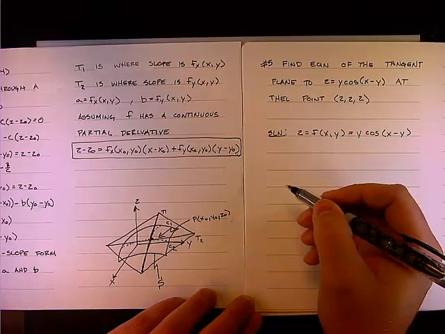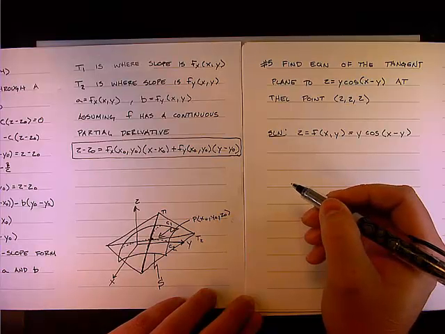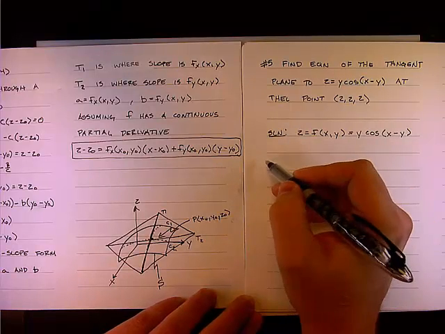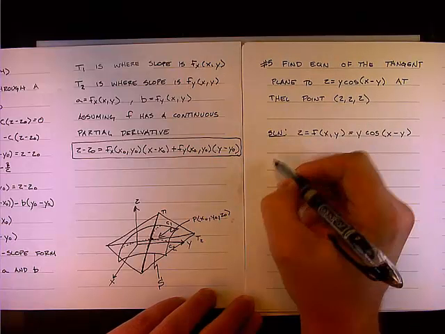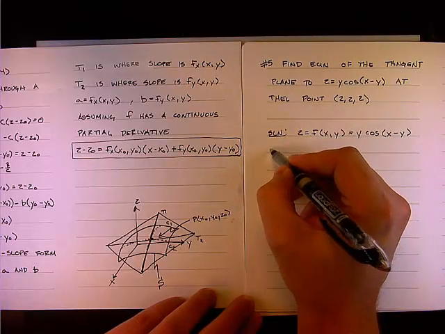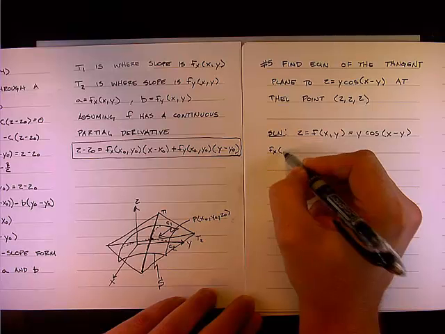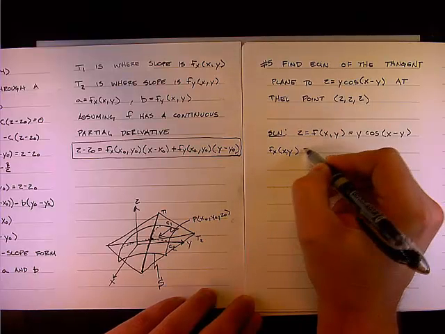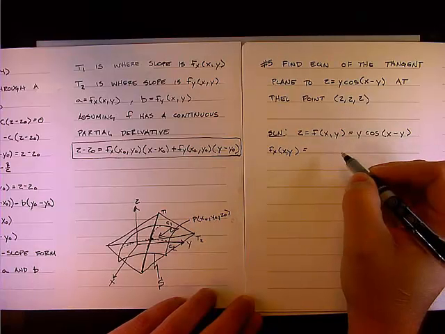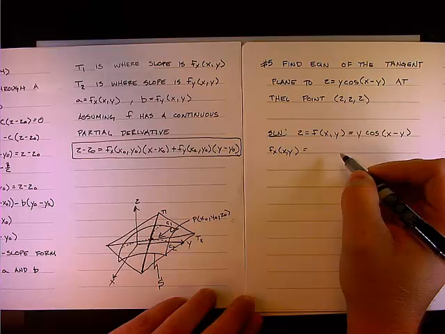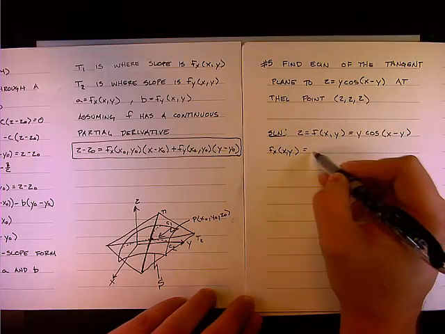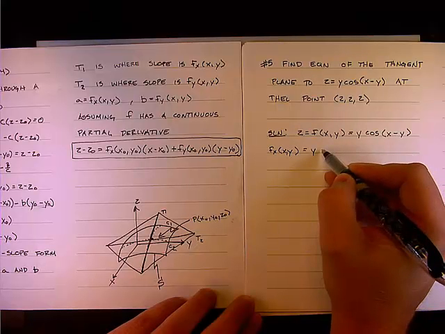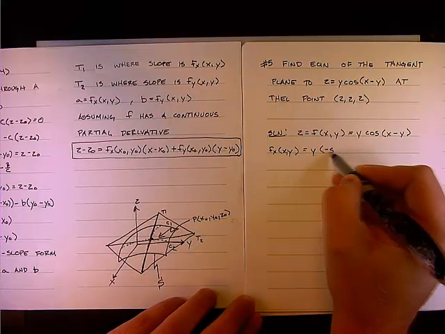So the way we're going to find this is we're going to set z equal to our function f of x, y, which is equal to the given equation y cosine x minus y. And what we're going to do is evaluate the partial derivative with respect to x and with respect to y, and evaluate it at the given point.